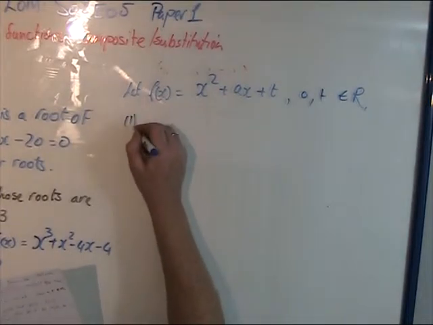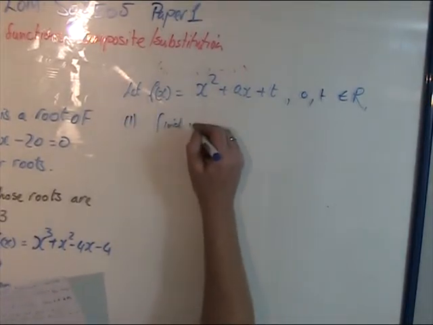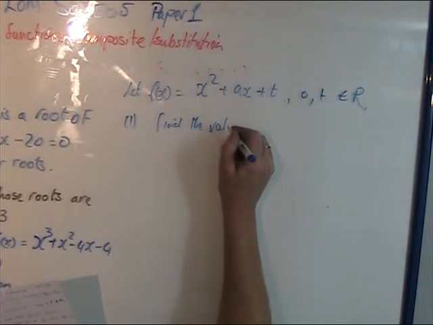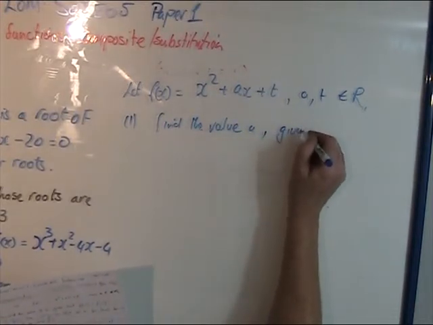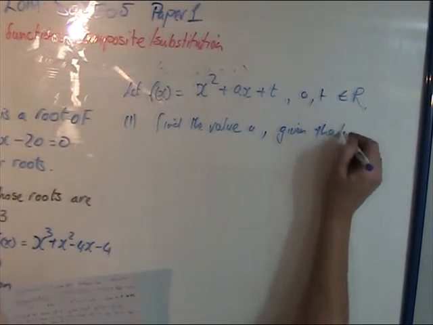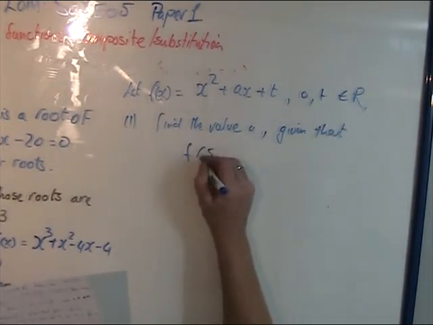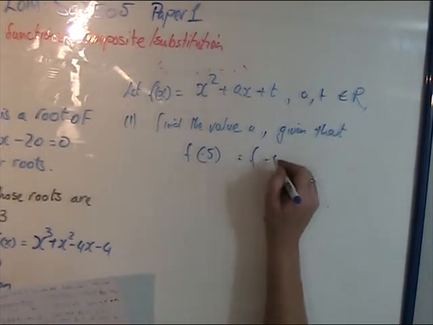Now it says 1, find the value of a. Now I'm writing this out because this is what you're going to get given: that f of minus 5 is equal to f of minus 1.